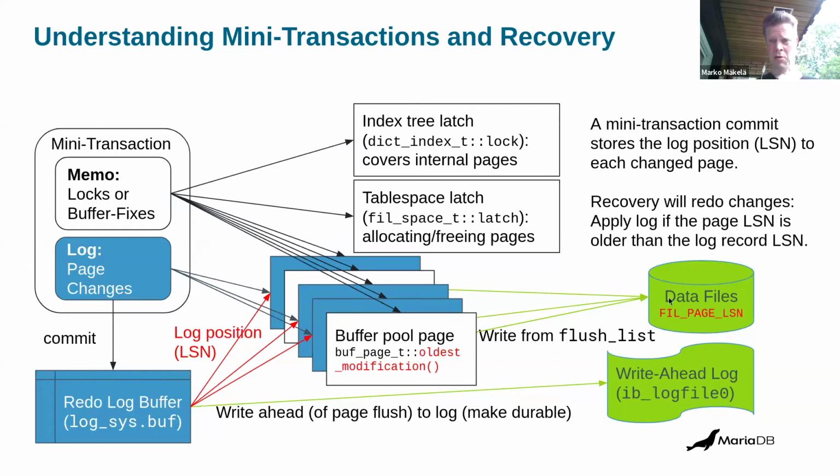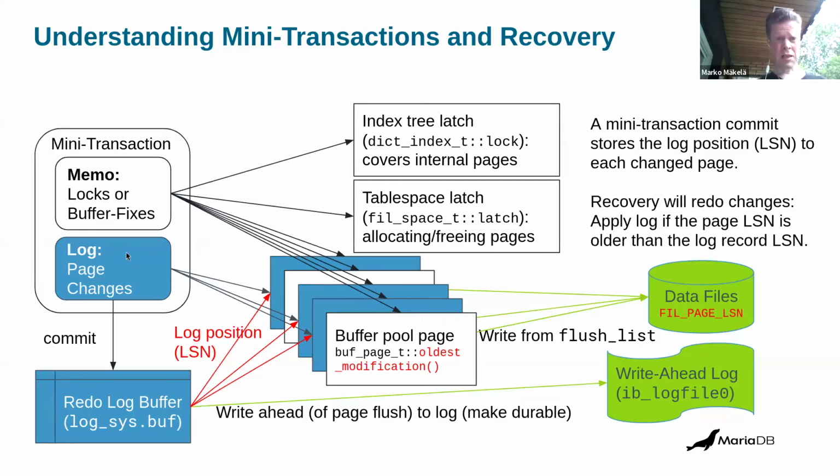This LSN field will be used for crash recovery to compare if a log record needs to be applied. Only if the page LSN on the data page is smaller than the LSN that we get from the redo log, then we will apply the change.